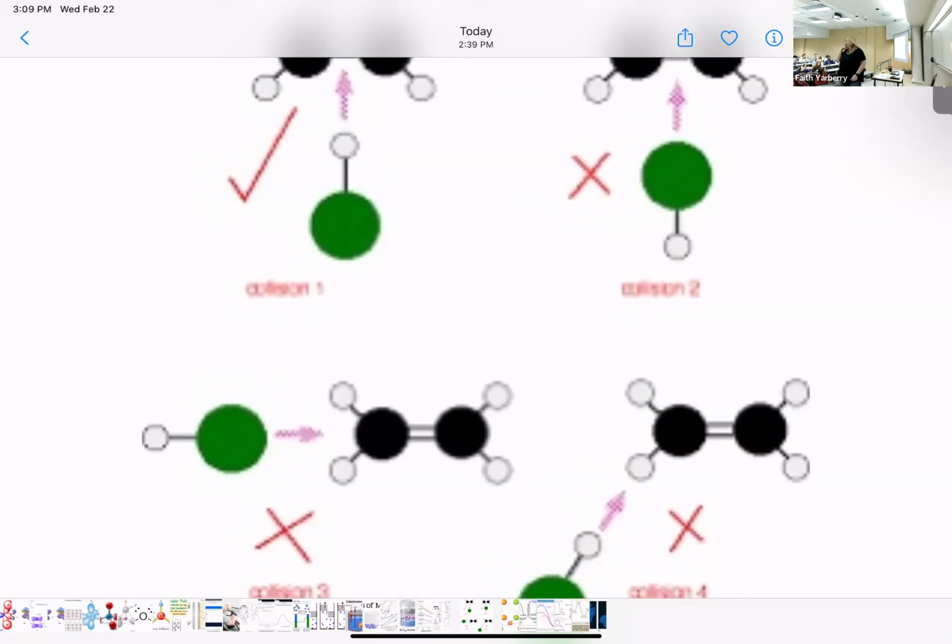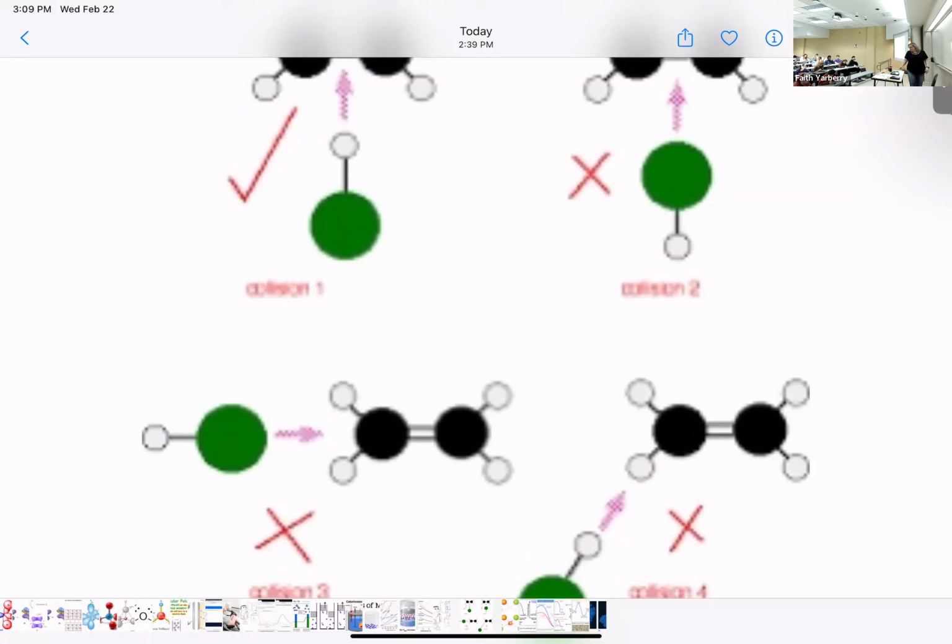But what else can help? More collisions. What's going to cause more collisions? Heat's one way, higher concentration. Let's face it, if I only have a couple of molecules, they may or may not fly in the correct orientation. But if you put a ton of those in there, there's a pretty good chance that you're going to get some collisions with correct orientation.